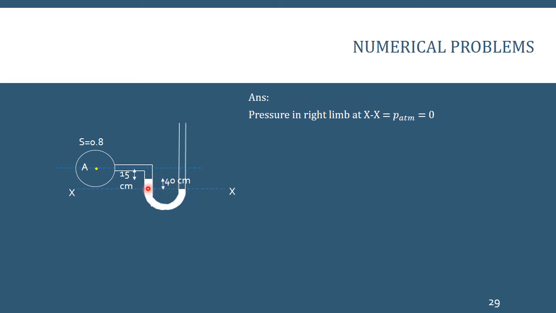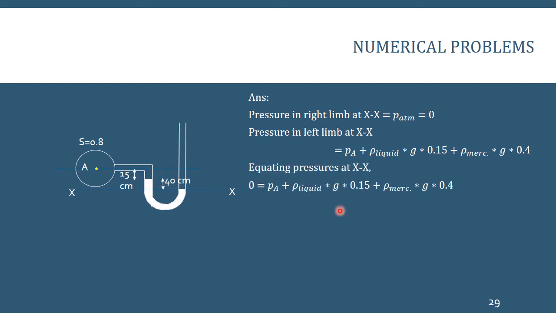At XX in the left limb, the pressure is going to be PA plus rho liquid into G into 0.15 plus rho mercury into G into 0.4. And these pressures have to be equal in the right limb and the left limb. So when I equate, I'll get 0 equal to this term.